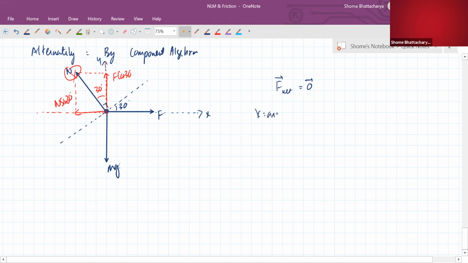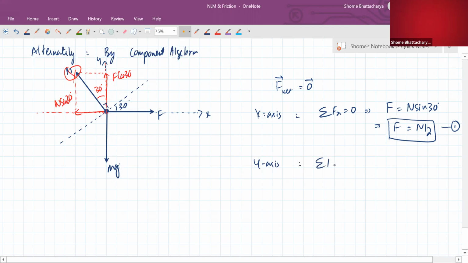So along the x-axis, summation Fx should be 0. So F should be equal to N sin 30, or F should be equal to N by 2. And along the y-axis, we should have N cos 30 should be equal to mg. So N root 3 by 2 should be equal to 200.